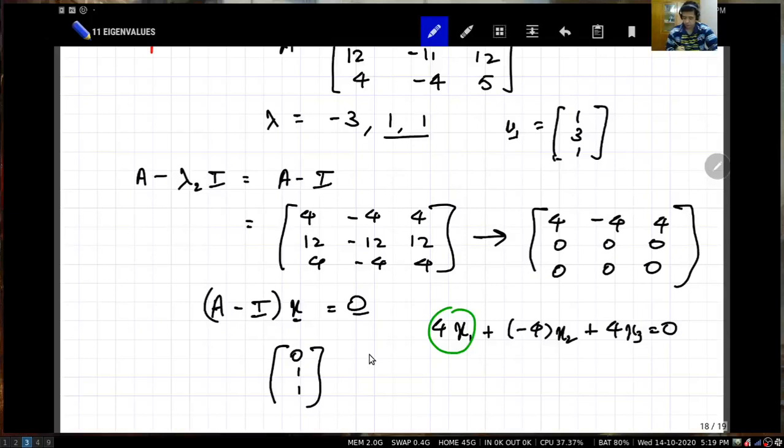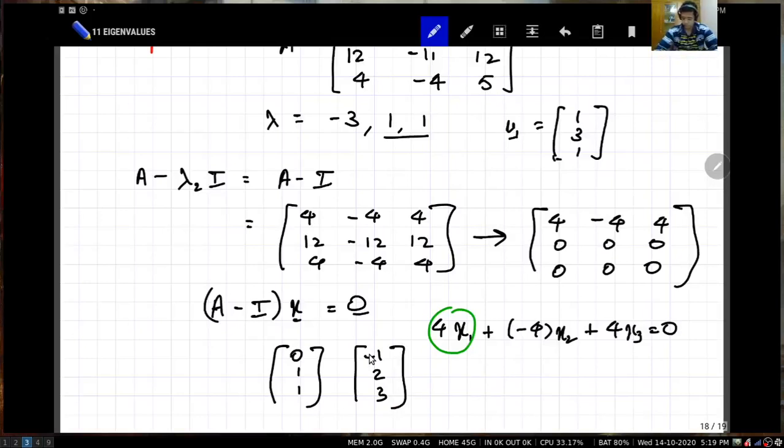Suppose I take x2 equal to 2 and x3 equal to 3. Then x1 would be equal to -1.